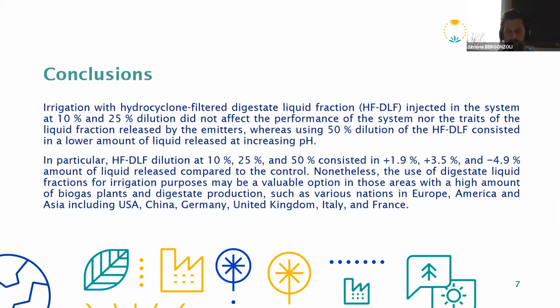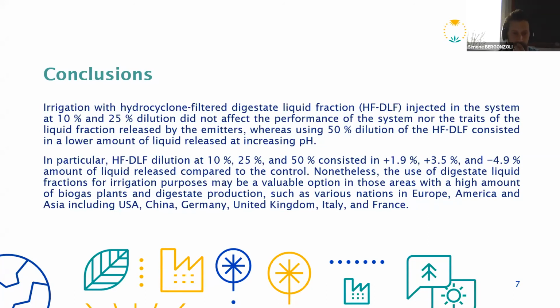While using a 50% dilution, we started seeing a difference in terms of pH, turbidity, and dry matter content. So it means that using this kind of dilution, you might have problems of clogging in irrigation with this kind of liquid.